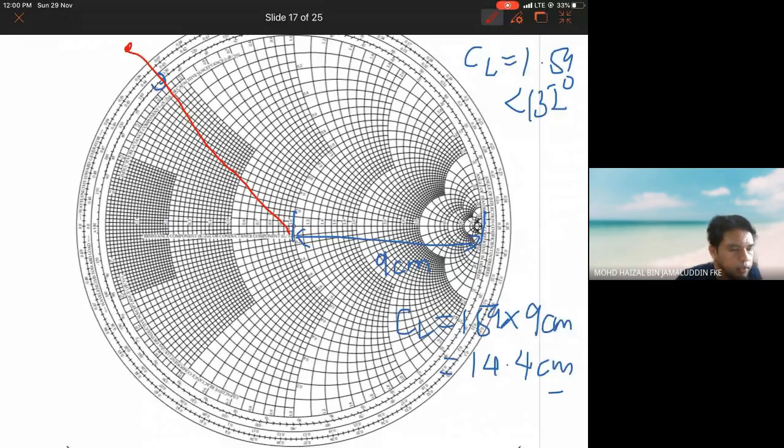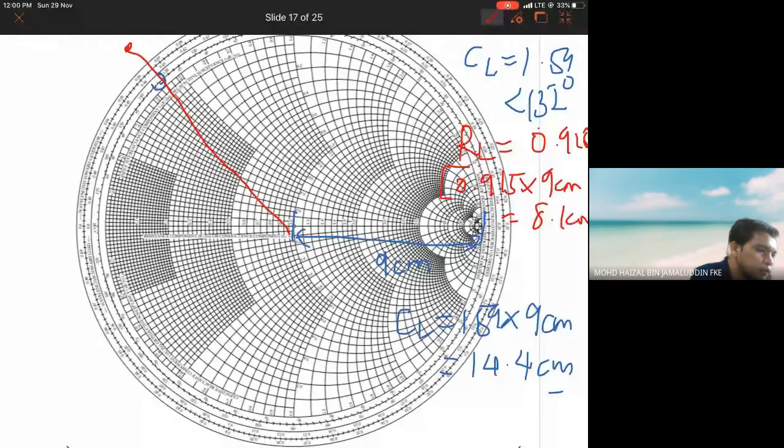Then you take the next value of RL, which is 0.915. This time you multiply 0.915 times 9 centimeter, so you will get approximately 8.1 centimeter.